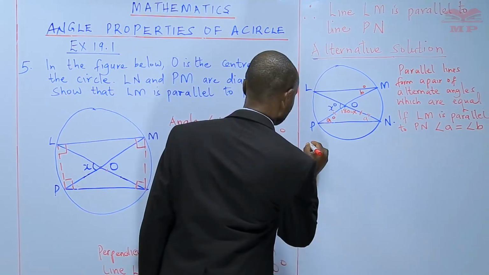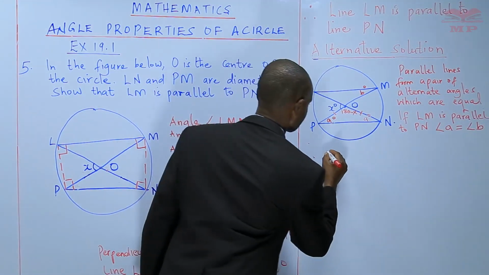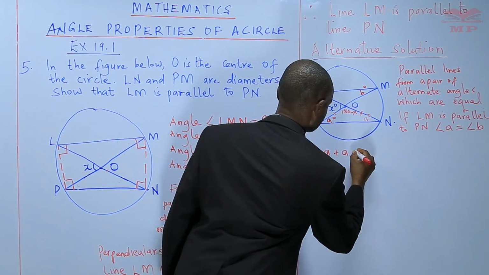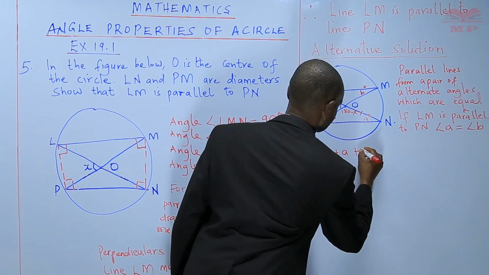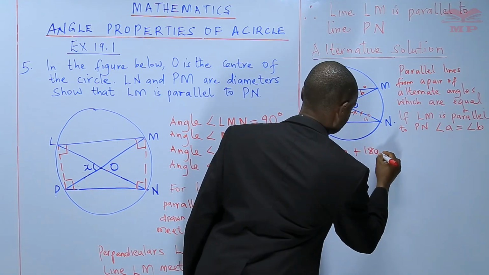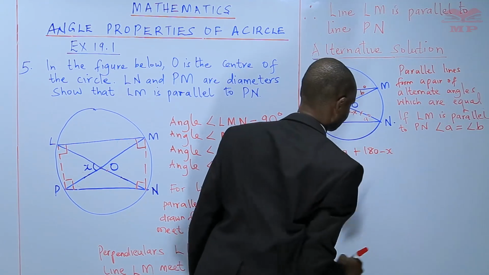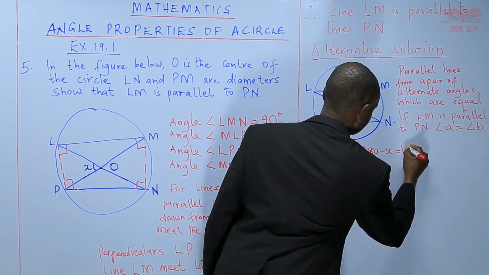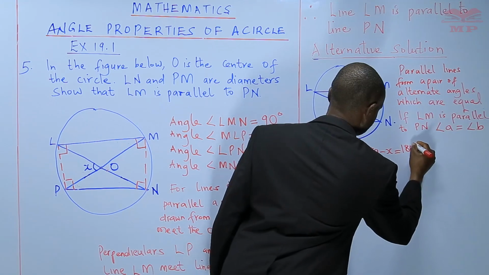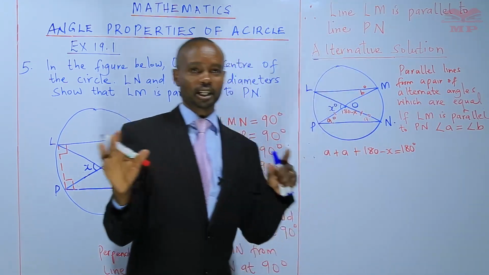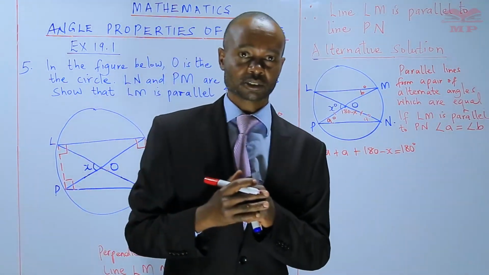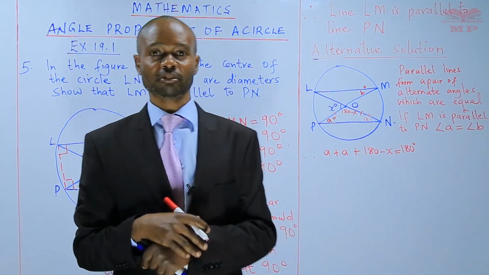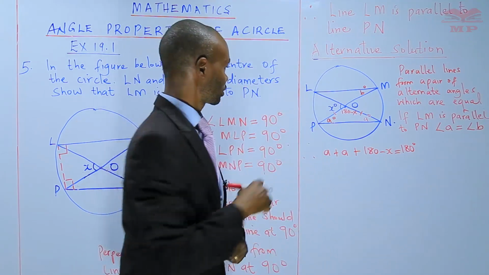Therefore A plus A plus 180 minus x should give us 180 degrees, because there are three angles in a triangle. So from that equation, we shall get the value of A. We continue.